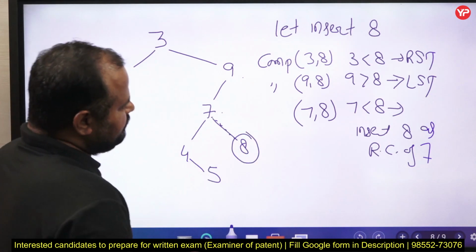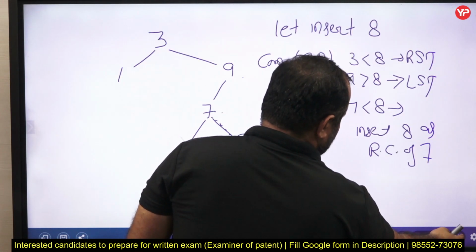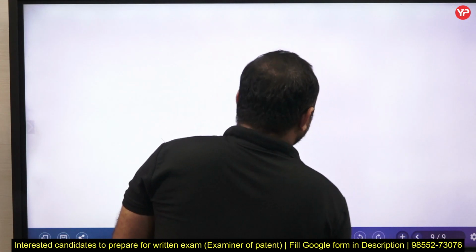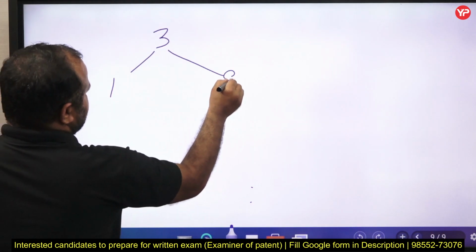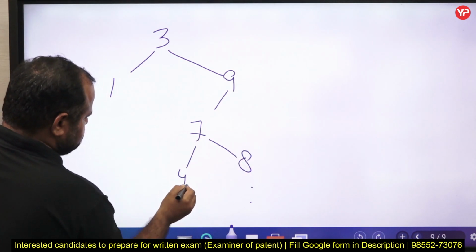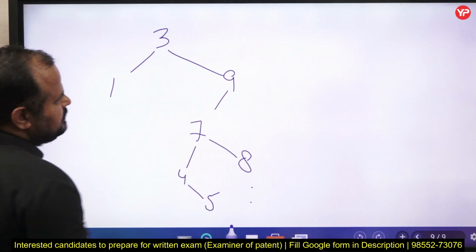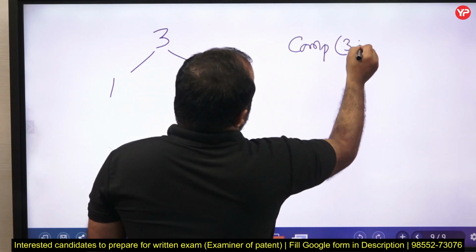Fine. Now we have to insert the last element, that is 2. The output of the previous step is this. If you want to insert 2, you need to compare 3 and 2.